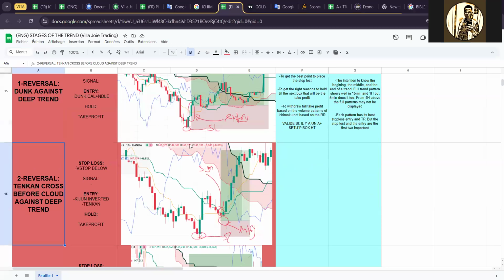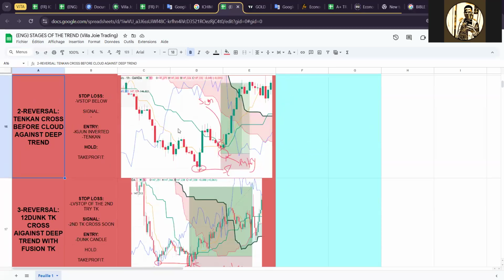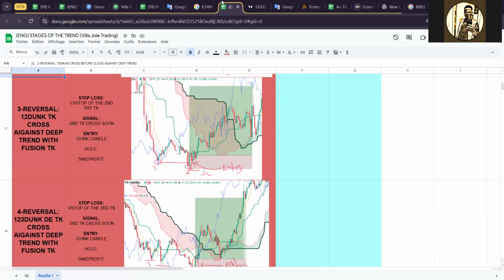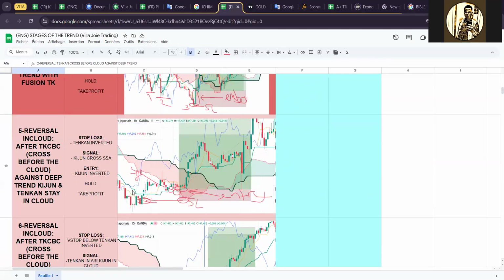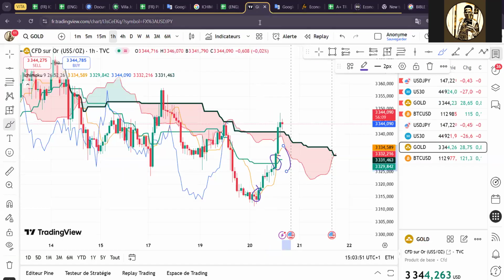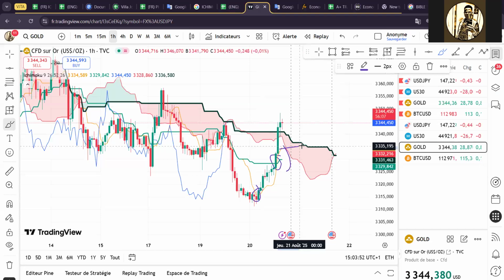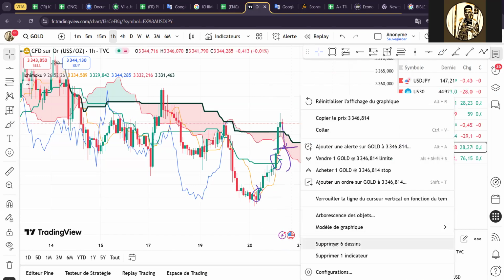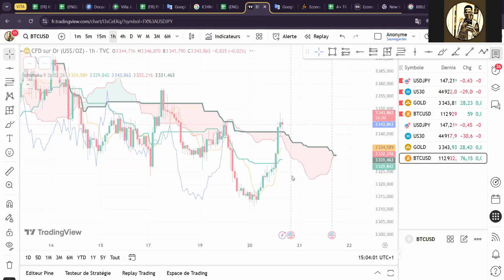We are not in any other phase than phase two. We are not in 1, 2, 3 dunk. No. And we are not above the cloud. We are not inside the cloud either. So we are in phase two. Normally, we should wait for the candle touching Tenkan, coming back like this, touching Tenkan, but will it do that? I don't know. We are in phase two here.